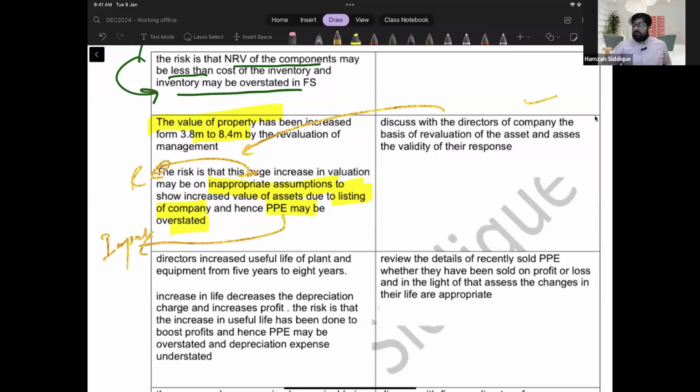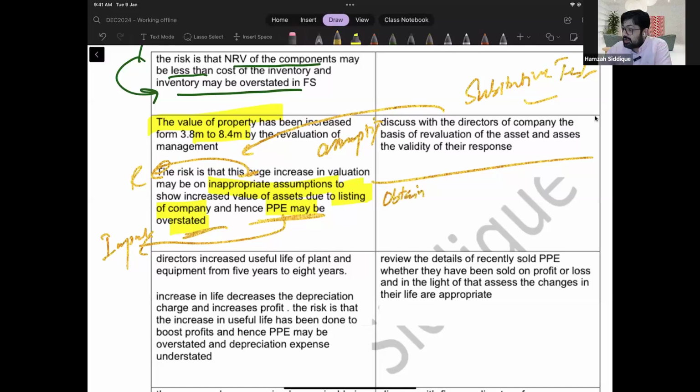Discuss with the director of the company the basis of revaluation, or the assumptions of revaluation of the assets by the company, and assess the validity of this. This is a substantive test. Another student thinks that I need to write property, plant and equipment may be overstated. Okay.